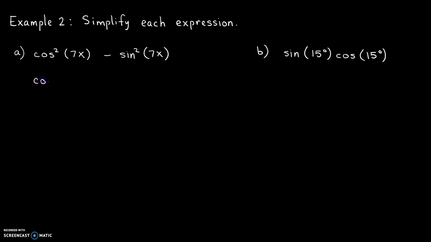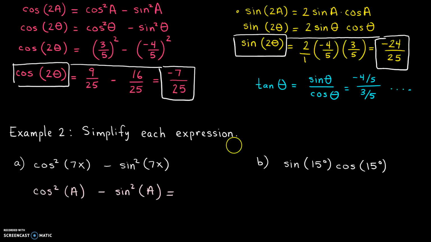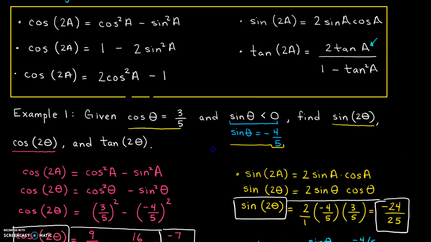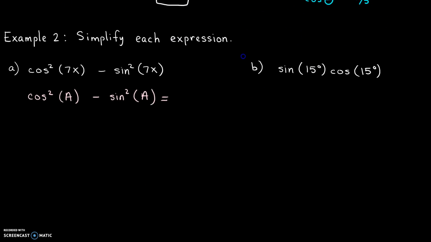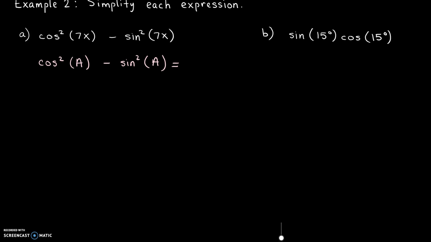If I just write it like this, cosine squared of a minus sine squared of a, and if you look at your double identities, what does that look like? So if I go back up really quick, let's see, scroll through this mess. Hopefully you see that cosine squared of a minus sine squared of a just equals cosine of 2a. So if I come back down, this right here should just equal cosine of 2a, 2 times a.